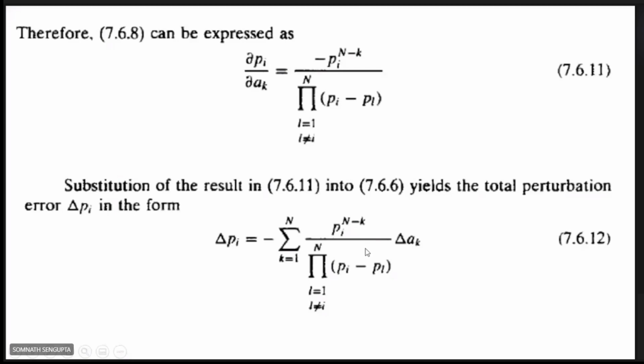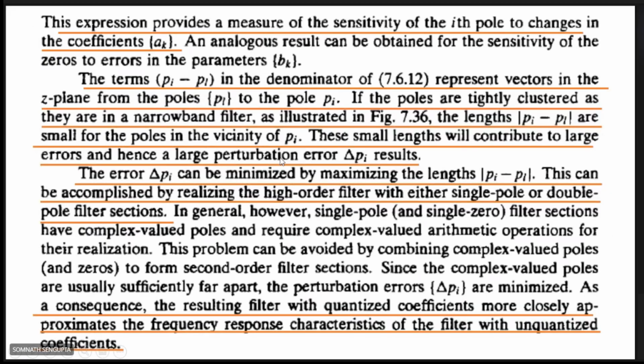So it is a slightly critical formula, but here it is useful to understand the change in the values of poles or a particular pole. This expression provides a measure of the sensitivity of the ith pole to changes in the coefficients ak. An analogous result can be obtained for the sensitivity of the zeros to errors in the parameters bk.